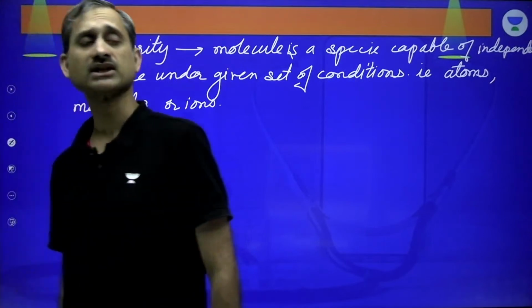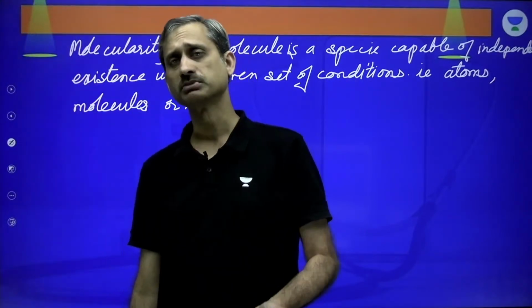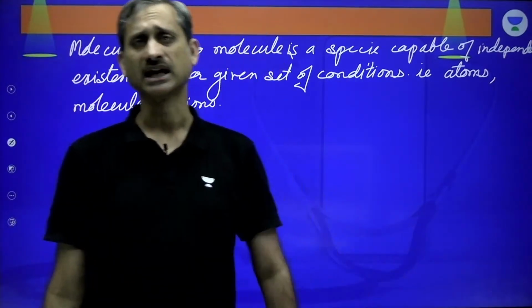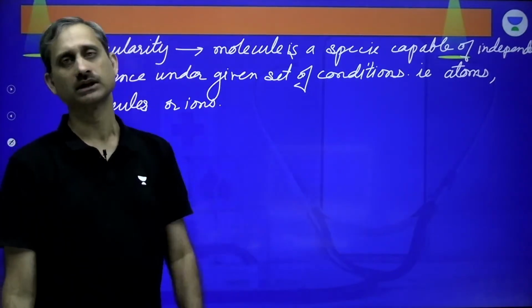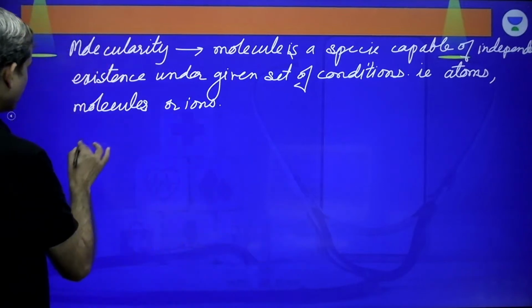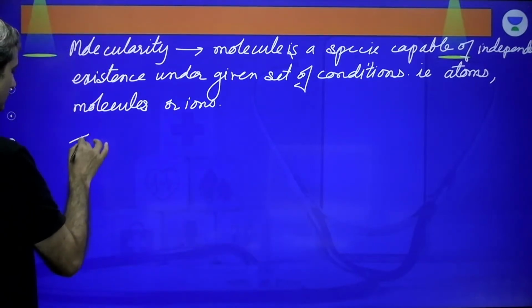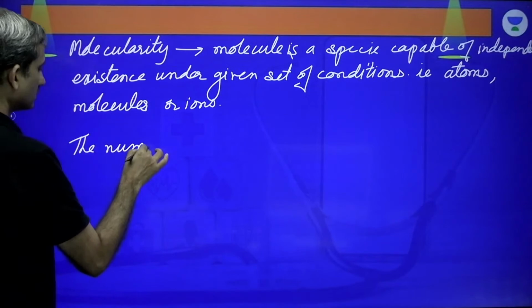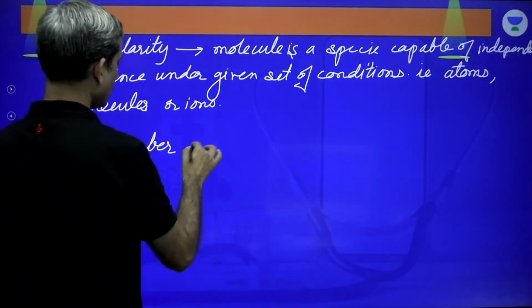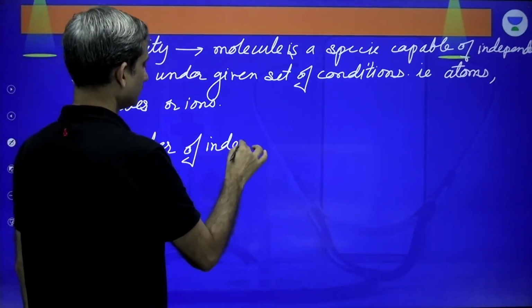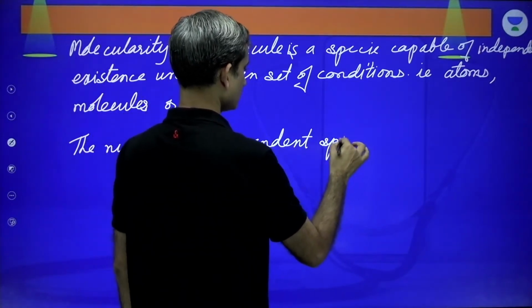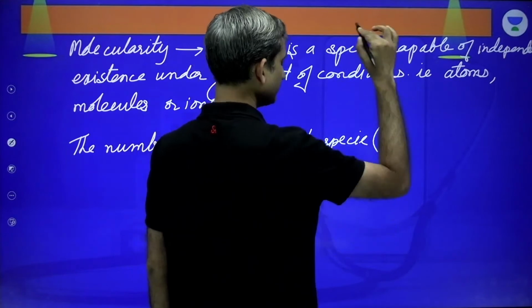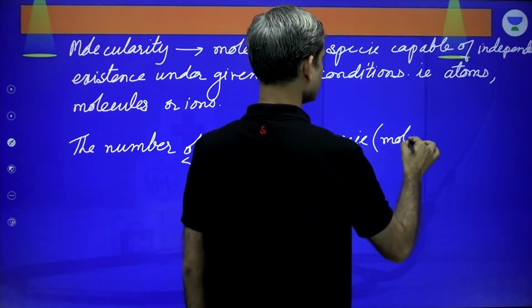In a given set of conditions, atoms could be existing, molecules could be existing, ions could be existing. So that becomes the molecularity of that particular condition. Molecularity by definition is the number of independent species.